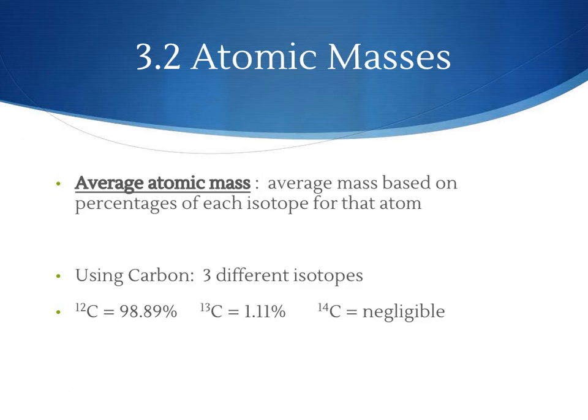When you look at the 2 basic isotopes, you have the primary one, carbon 12, where almost 99% of carbon atoms, if we looked at 100 carbon atoms, would be made up of carbon 12. Carbon 13 is 1.11%. So the majority of the carbon will have 6 neutrons, and a very small amount will have 7 neutrons.